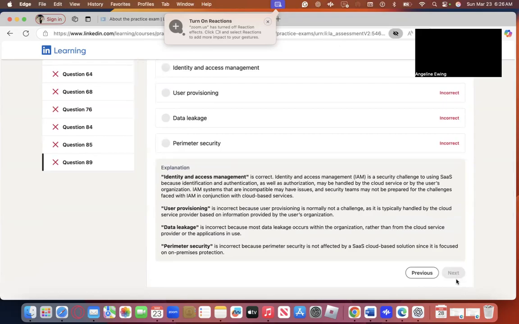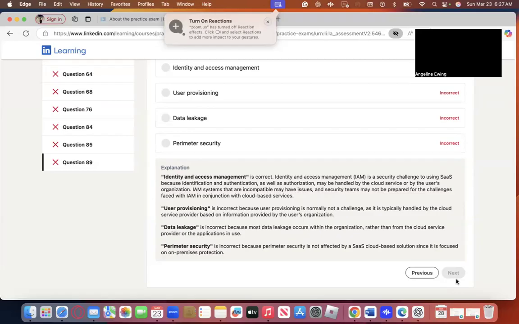Identity and access management, IAM, is a security challenge to using software as a service because identification and authentication, as well as authorization, may be handled by the cloud service or by the user's organization. IAM systems that are incompatible may have issues, and security teams may not be prepared for the challenges faced with IAM in conjunction with cloud-based services.